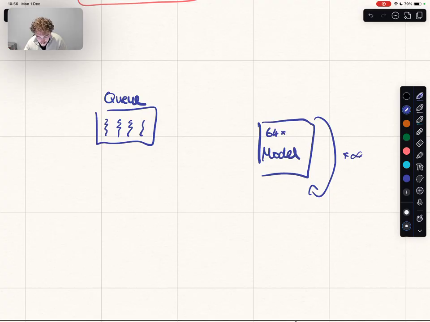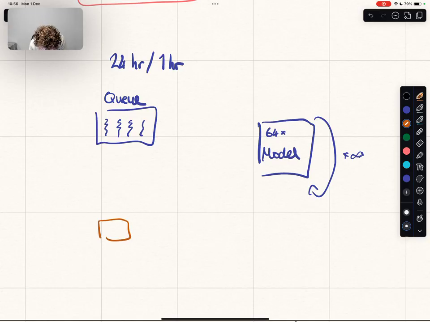This is endlessly decoding, and you have a queue of many thousands, tens of thousands, hundreds of thousands of requests waiting. And in a typical batched API, you offer something like a 24-hour or a 1-hour SLA or whatever. So requests might be sitting here for quite a long time before they're processed by the model.